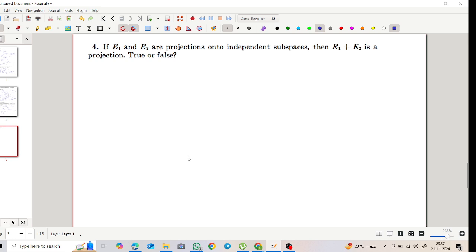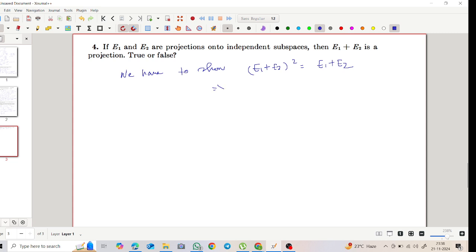See, it is not true. So I can give you a counter example. So we have to show what? We have to show (E1 plus E2) square is E1 plus E2, right?